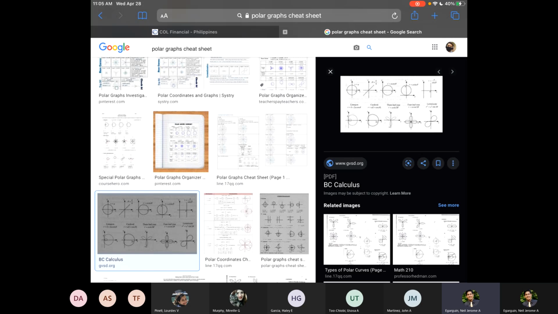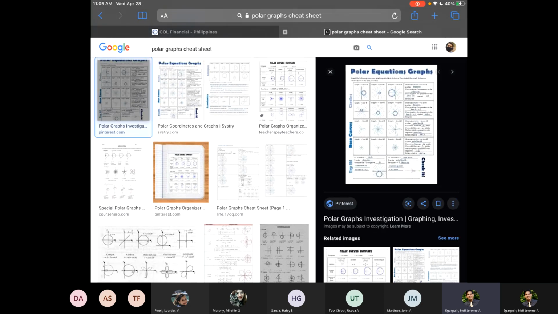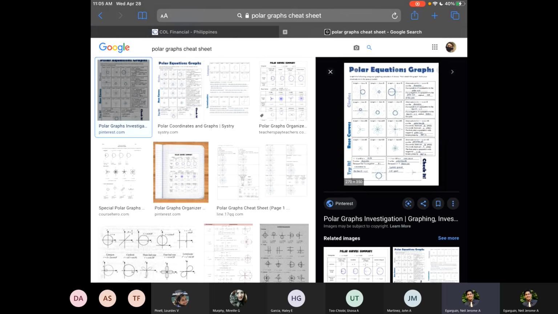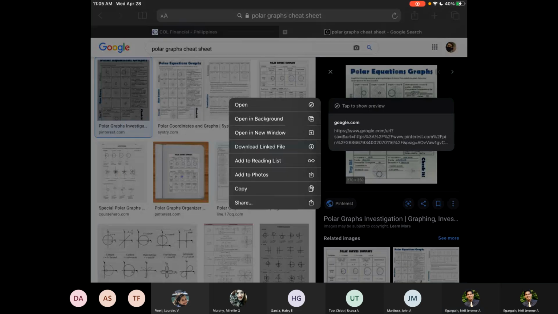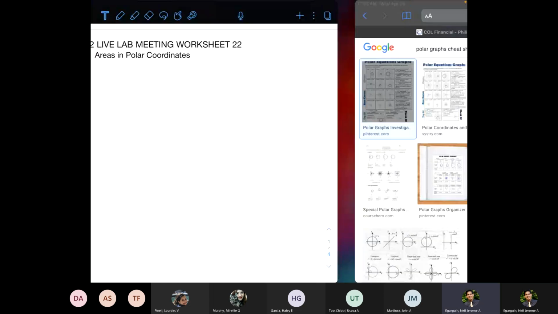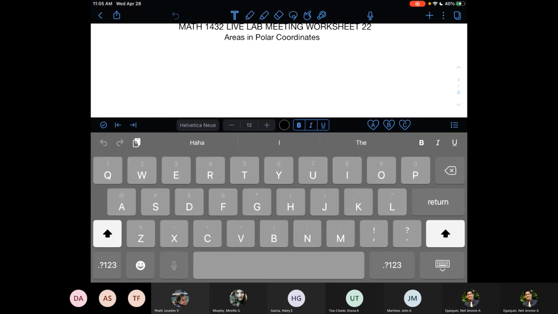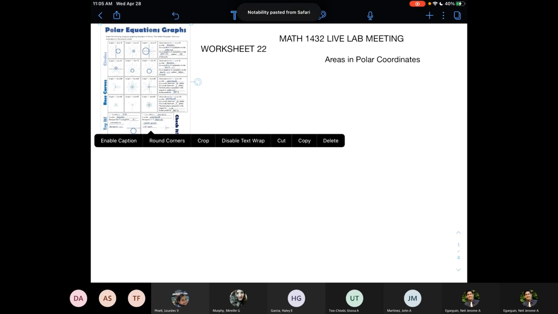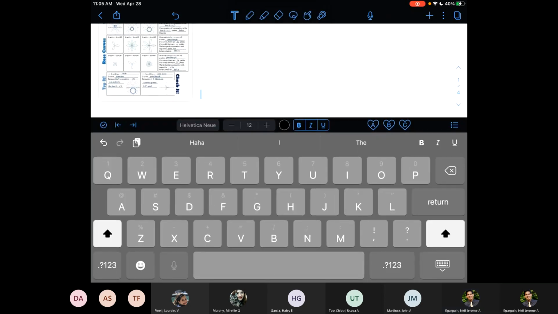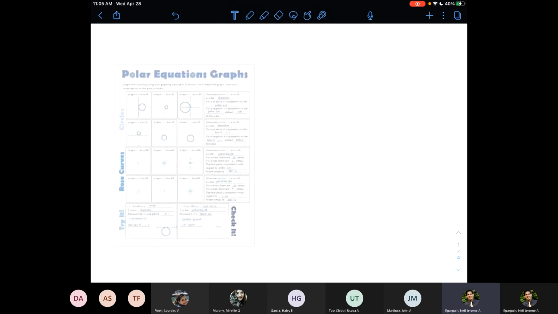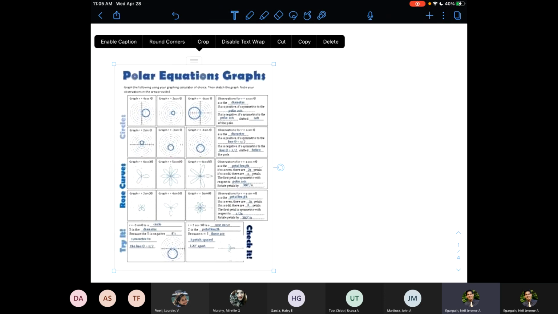But all right, let's see if there are some good ones here that I can copy paste. Okay, there we go. I don't know if it's high definition. Okay, it's kind of blurry, so let me do it manually.